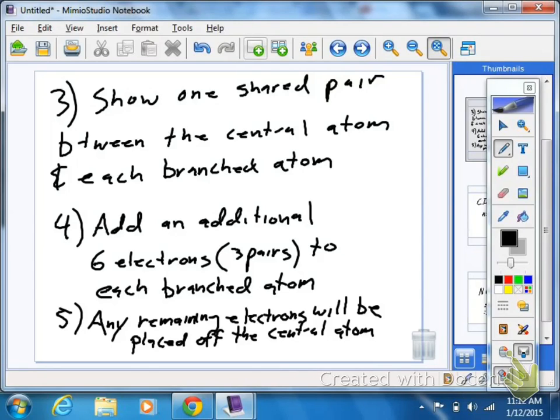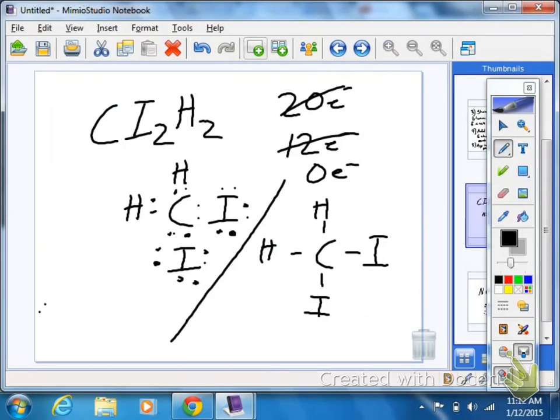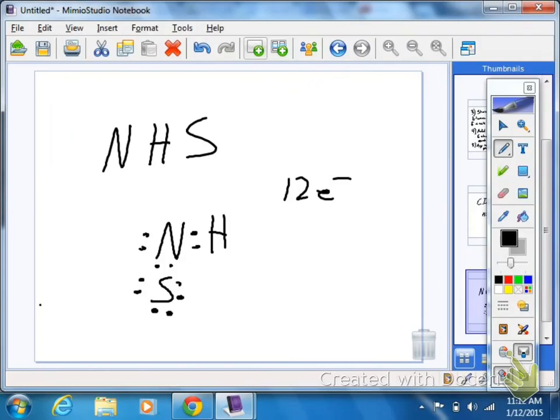Okay? So I didn't include that step. That would be step 5. And so what we're left with is this structure. This structure does not obey the octet rule.